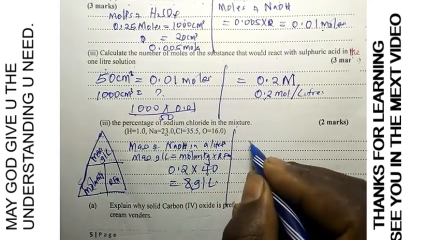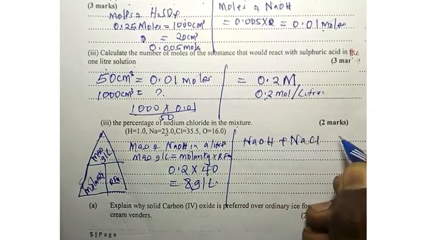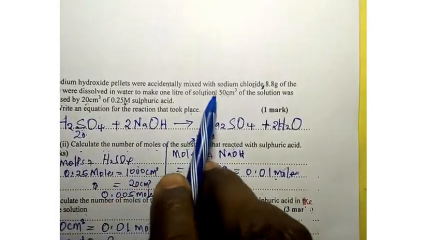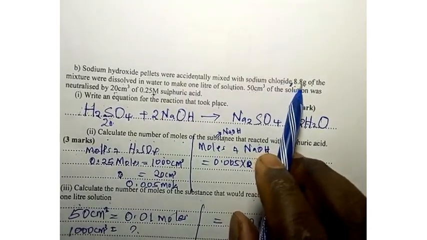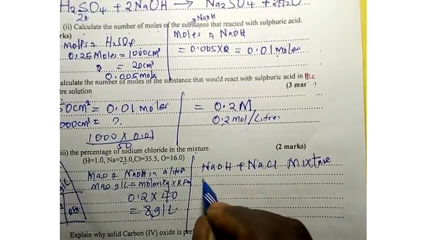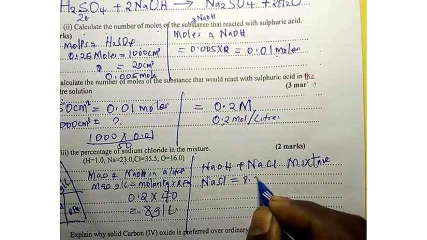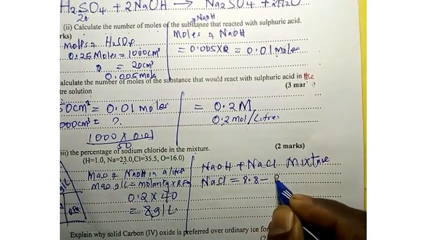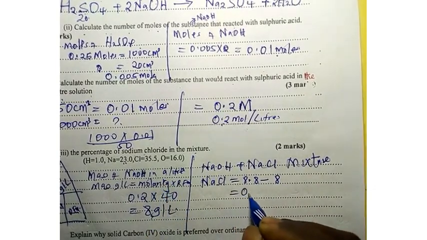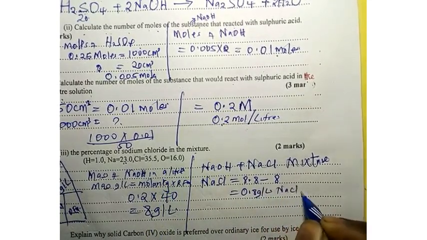But the mixture, sodium hydroxide plus sodium chloride, contains 8.8. So it means that the mass of sodium chloride will be 8.8, the total, subtract 8 for sodium hydroxide in 1 liter. So this will give us 0.8 grams per liter of sodium chloride.